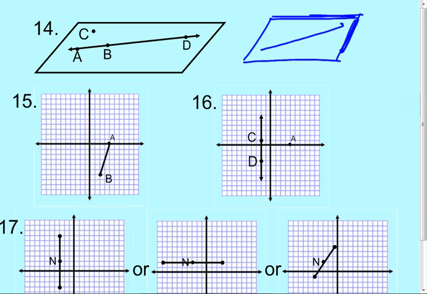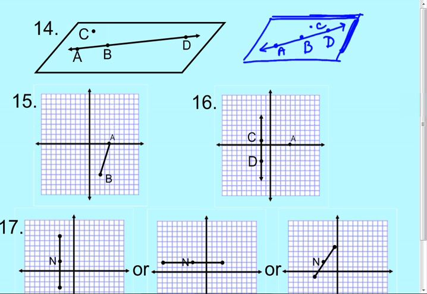So I'm going to draw my line first and put in A, B, D, probably in the same order in which it was written. And then I'm going to have another point, C, but it's not on the line, but it's in the plane. C could be anywhere. C could be over here. It doesn't matter. It just can't be on the line.